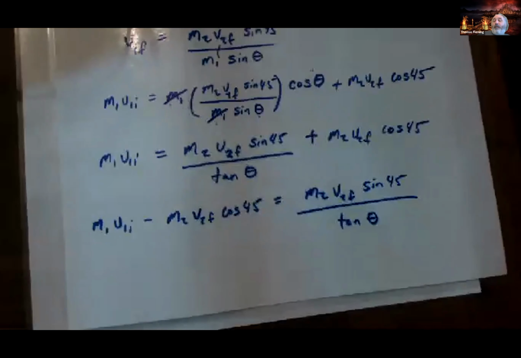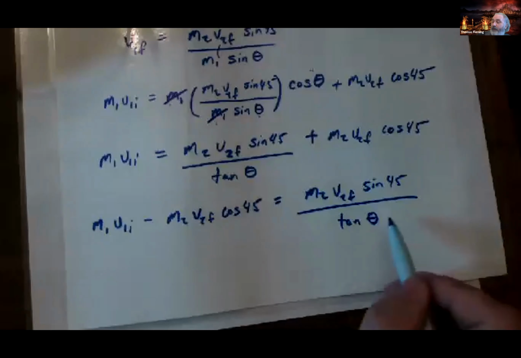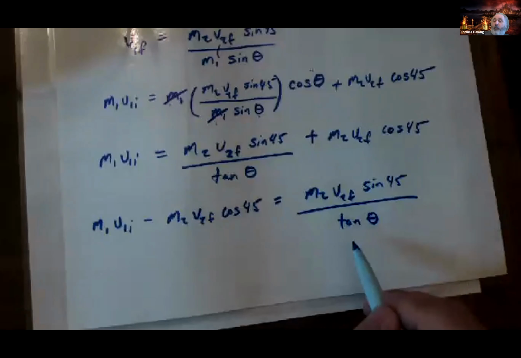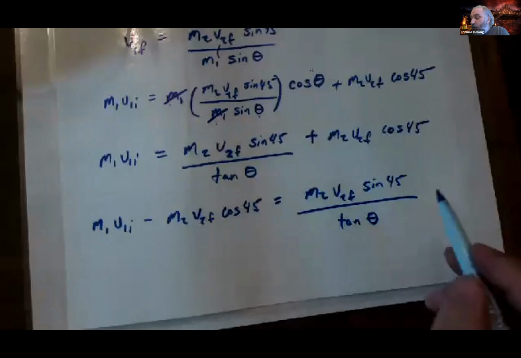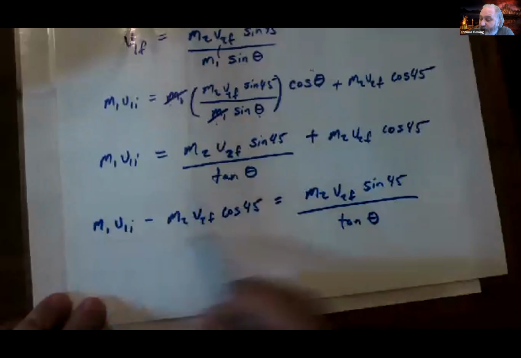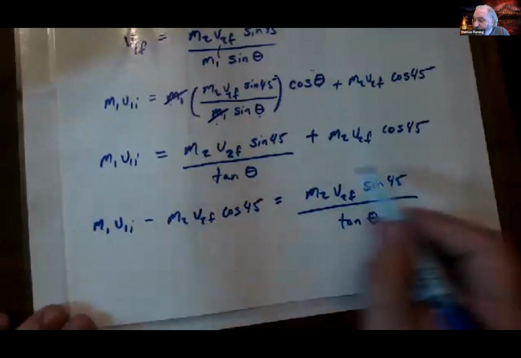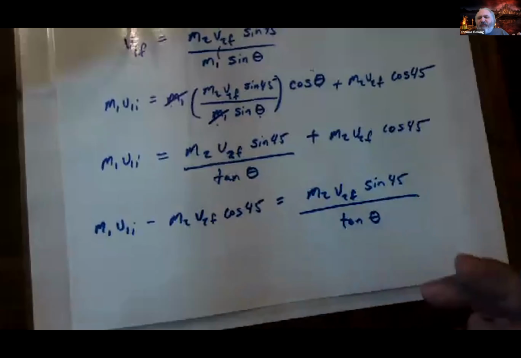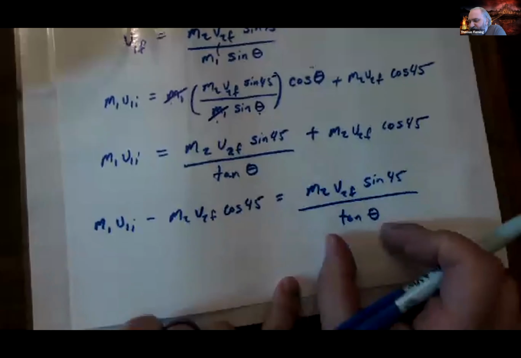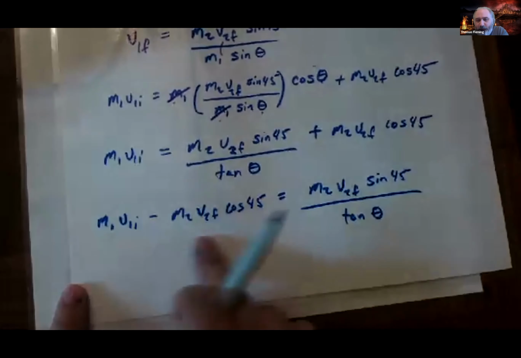Now, I still have a problem because the thing that I'm solving for is down here in the denominator. So what I want to do is get it out of the denominator, and the way I would do that is multiply both sides by the tangent. Now, if I did that, I'd end up with all this stuff times tangent equals this stuff. Except once I have tangent times all this stuff, I'm going to want to get it out of there by dividing.